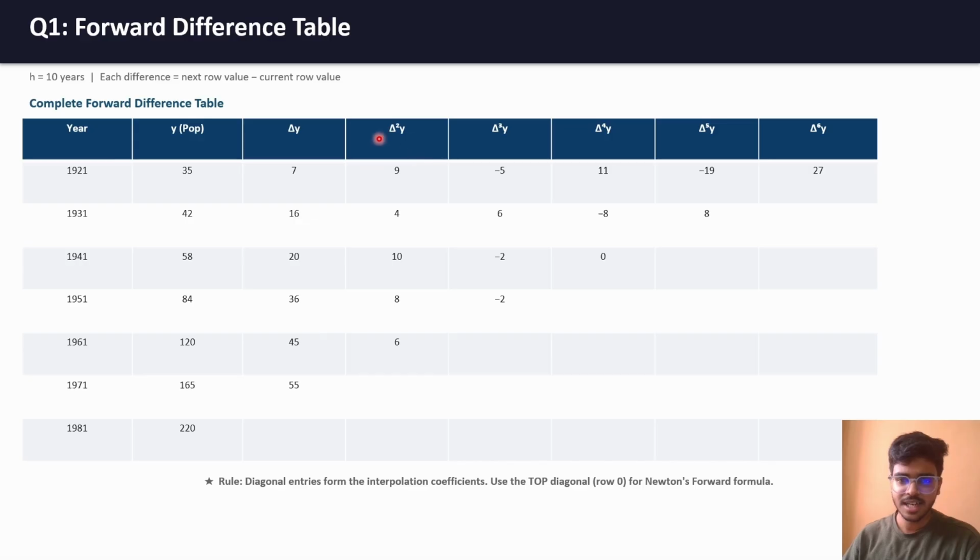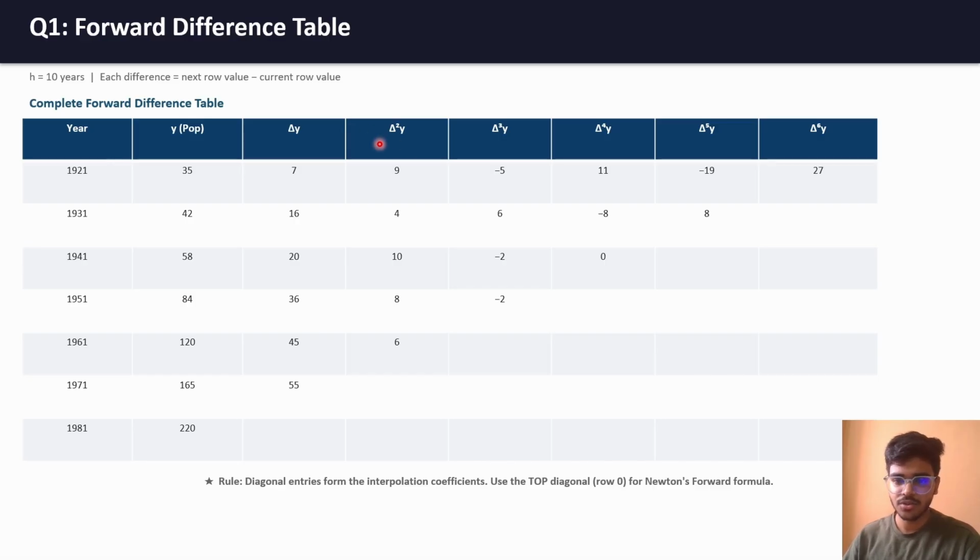The second difference delta squared y is the difference of the first differences. Delta squared y at 1921 is equal to 16 minus 7, that is 9. And delta squared y for 1931 is 20 minus 16, that is 4. And we continue this process until we fill the complete triangle table, as you can see on the screen.